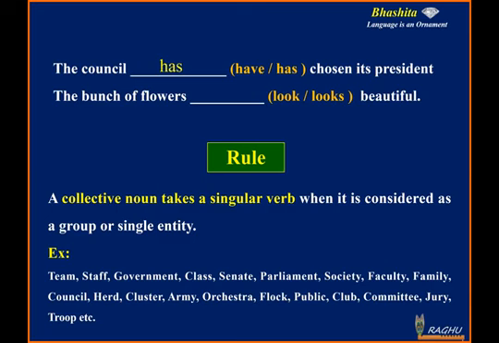Have is suitable for plural form and has is suitable for singular form. And similarly, the second sentence, the bunch of flowers, is it look beautiful or looks beautiful according to the rule? You know the answer, it is looks beautiful. Because when it is singular, we need to add s or es to the first form of the verb.